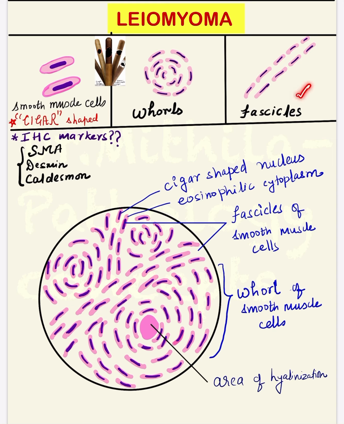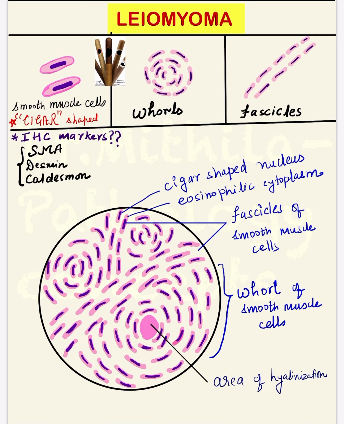Then fascicles means bundles. They can be present as intersecting fascicles also. So like this they can be intersecting fascicles and then whorls. Now we have to make these two patterns of smooth muscle cells in the microscopic diagram of leiomyoma.